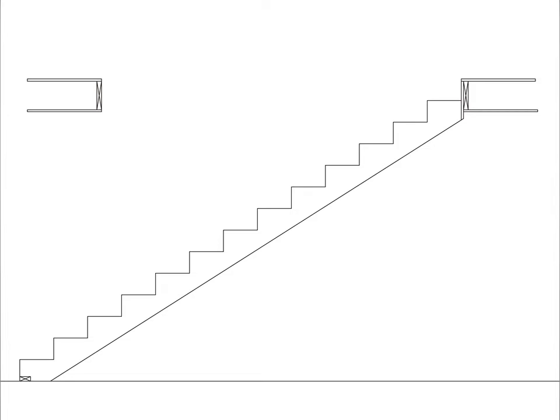To calculate the opening, we must first calculate the stair stringer. We will use 107 5/8 inches for the total rise.